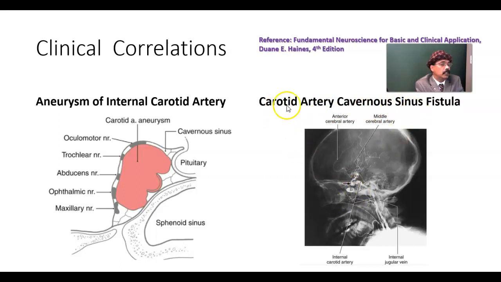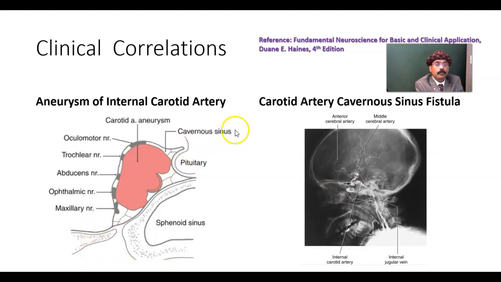Communication between the internal carotid artery and the cavernous sinus is possible due to trauma. In a carotid artery, cavernous sinus fistula, arterial and venous blood communicate. High pressure arterial blood is then manifested by pulsating movement of the eyeball.